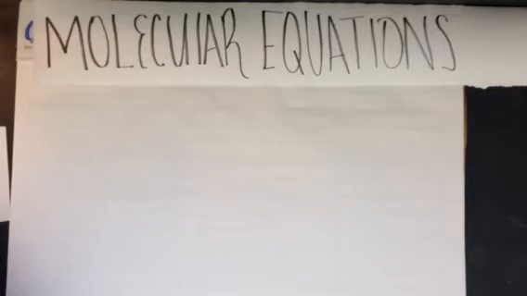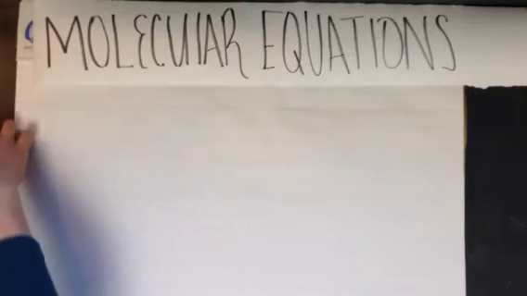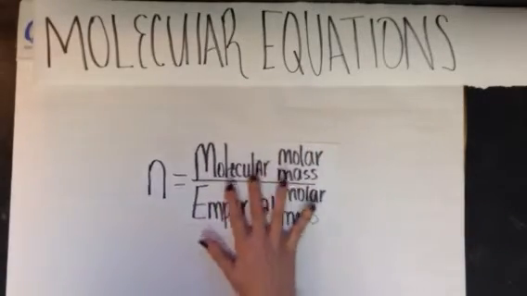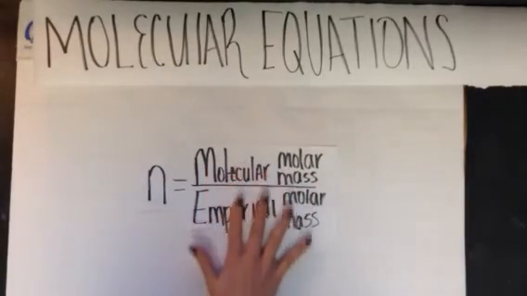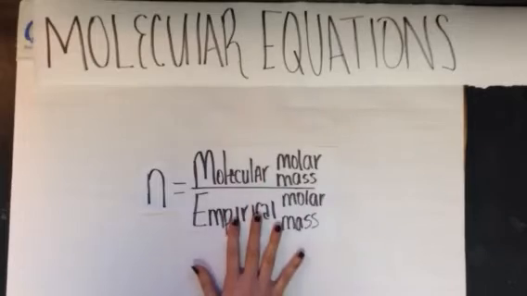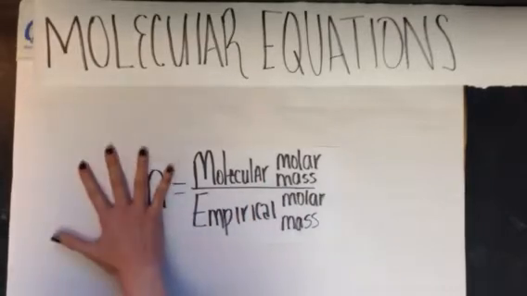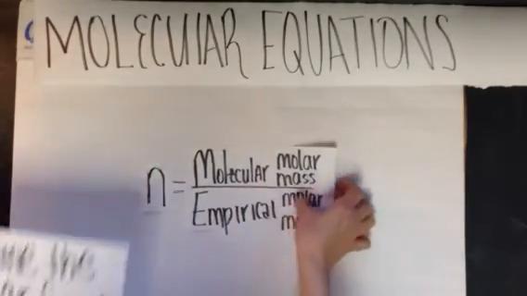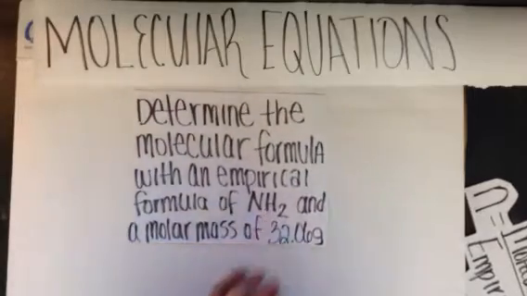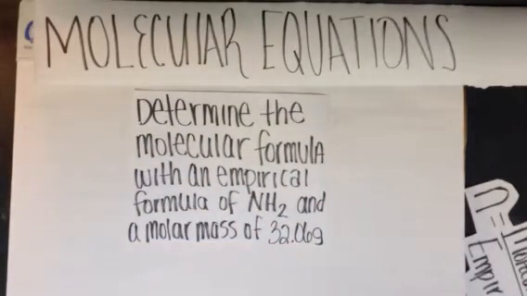So going back to our equation, we will then determine between these two and get an n value, and we'll explain what that means in a second. Let's look at an actual problem. It says determine the molecular formula with an empirical formula of NH2 and a molar mass of 32.06 grams.